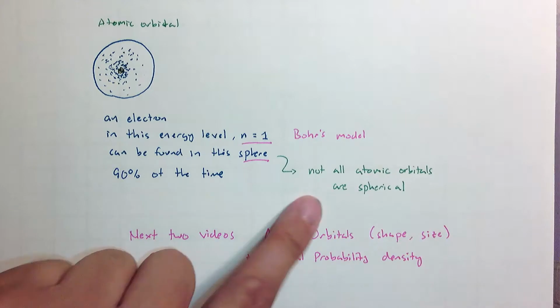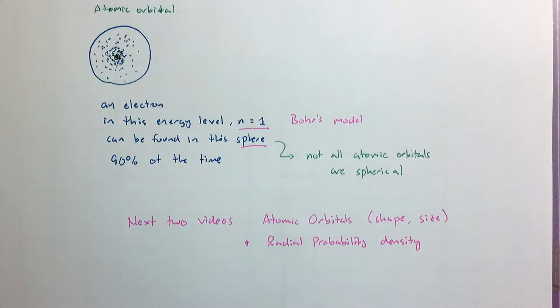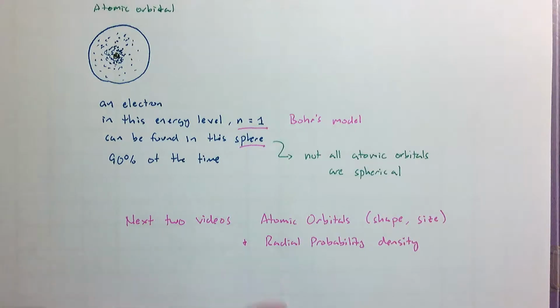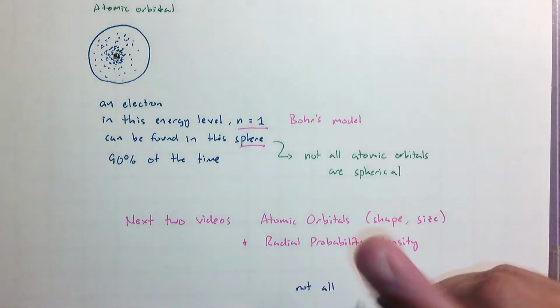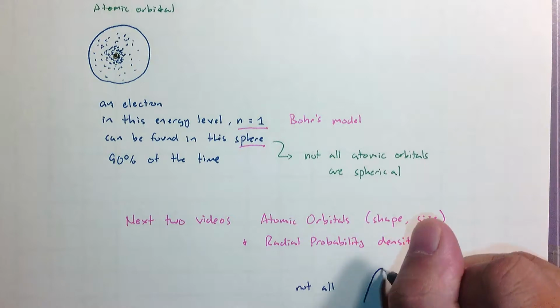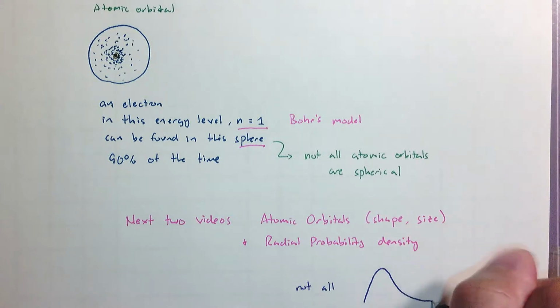Since not all atomic orbitals are spherical, not all of their radial probability densities have that shape, where you have a peak fairly close to the radius and then it tapers off.